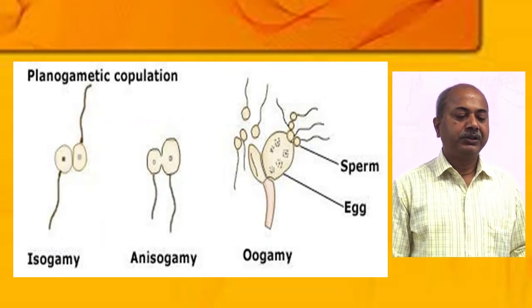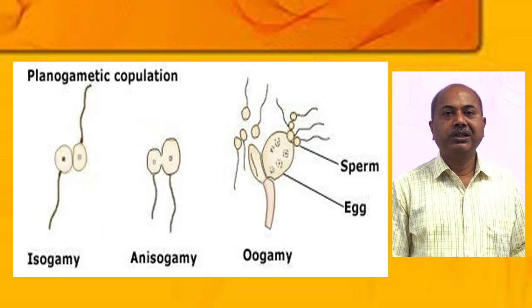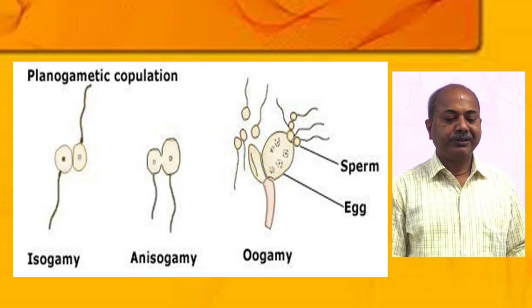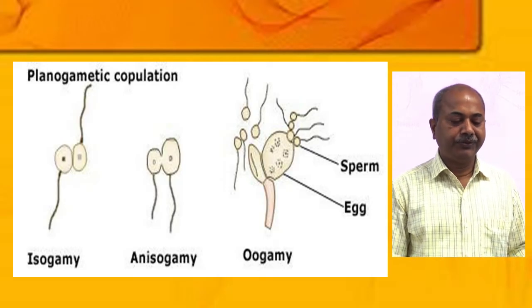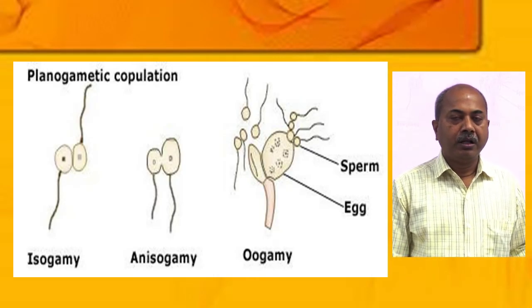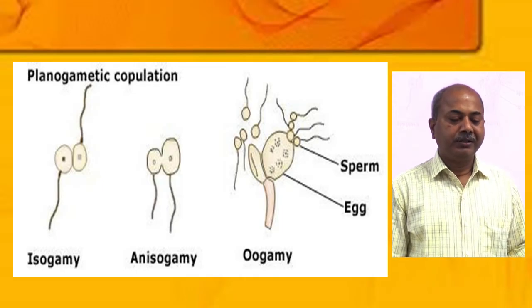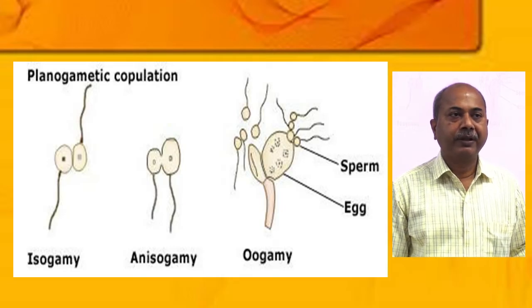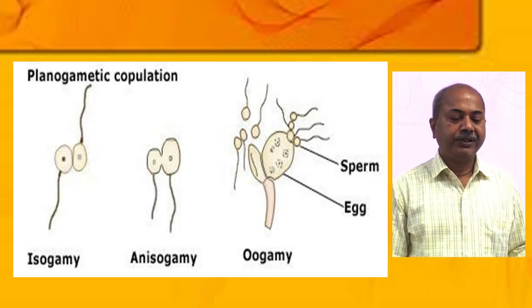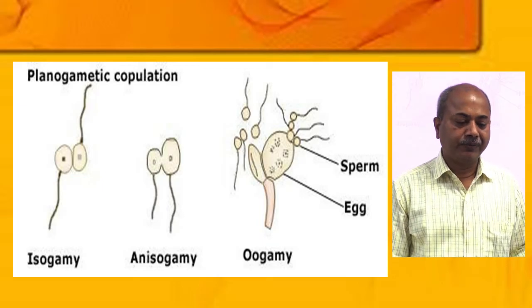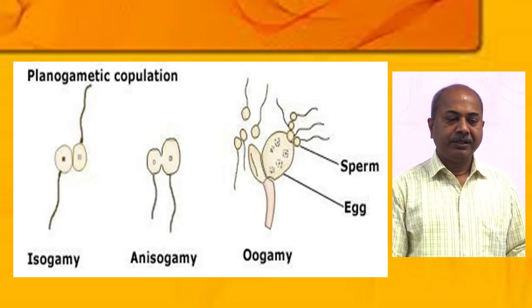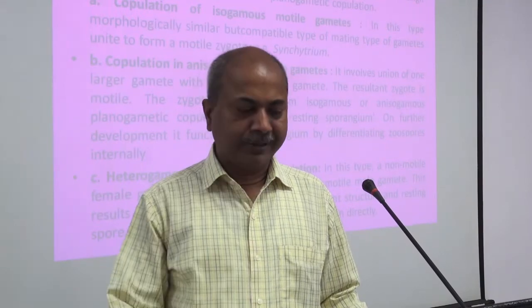Isogamous means morphologically alike gametes. When these are fused together, it is isogamy. When morphologically different gametes are there, one small and the other big, it is called anisogamy, and the third is oogamy.